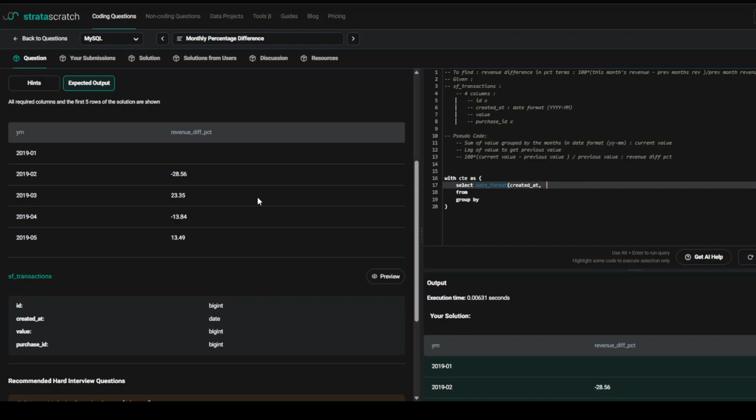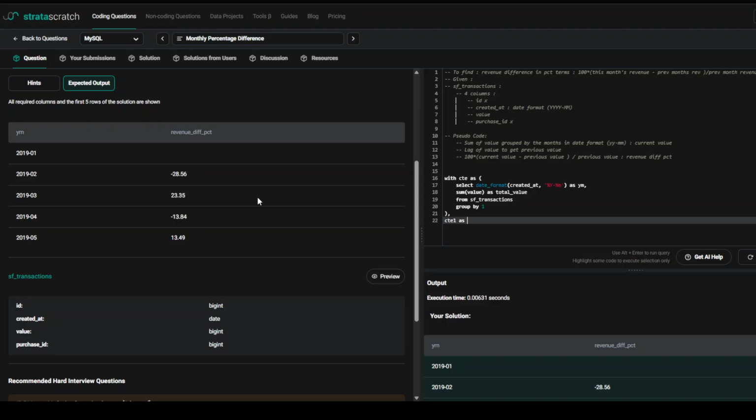Date format is generally written as %Y-%m as ym. We would also need the sum of the total value, so sum of value as total_value from sf_transactions group by 1, right?